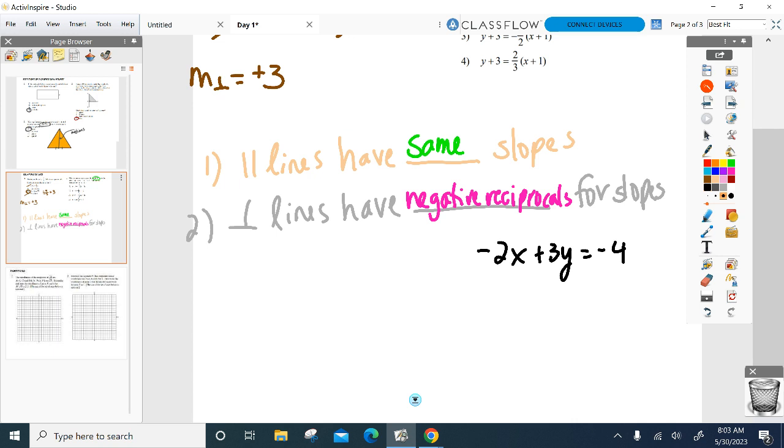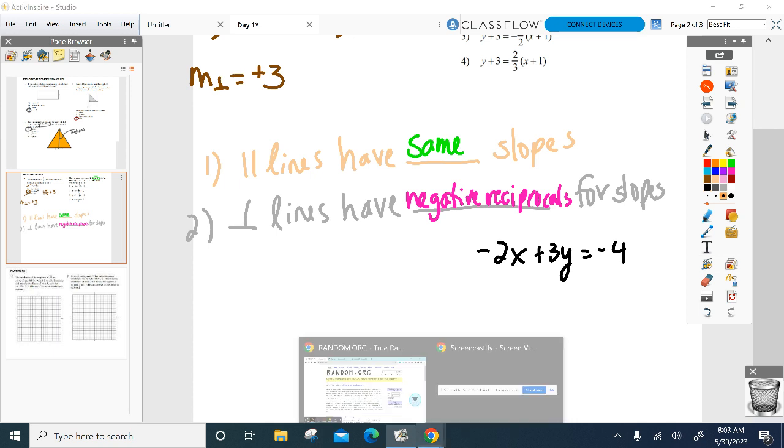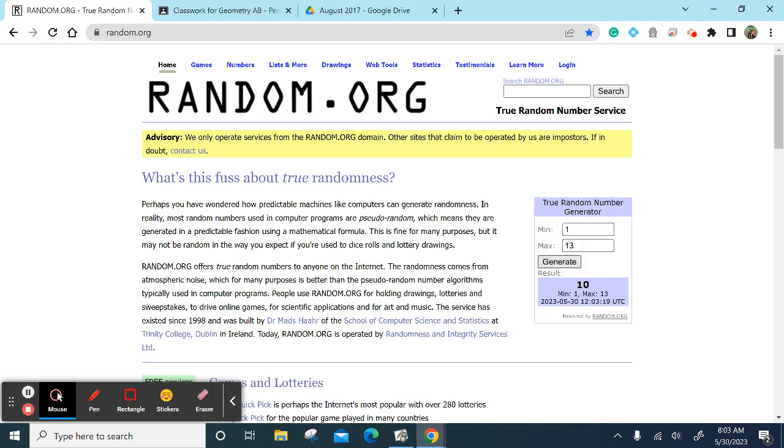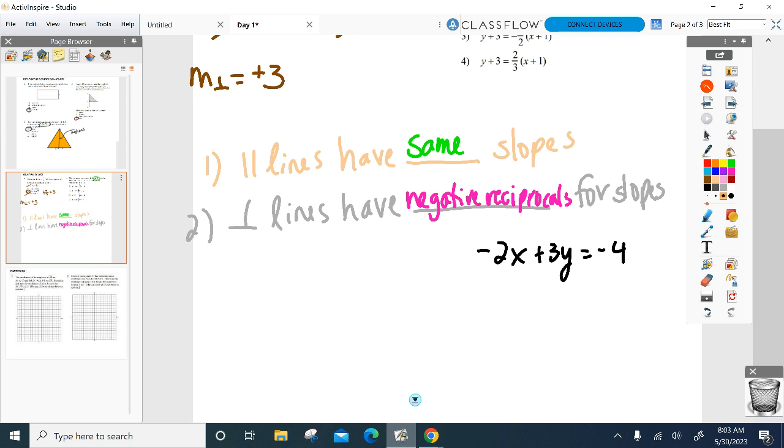All right, so first thing, what the heck's the slope of this line? And then we'll talk, what about a parallel line? So get this into y equals form for me. First step. Add 2x over, good work. 3y equals 2x minus 4.